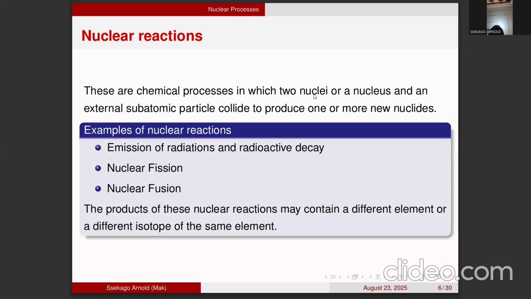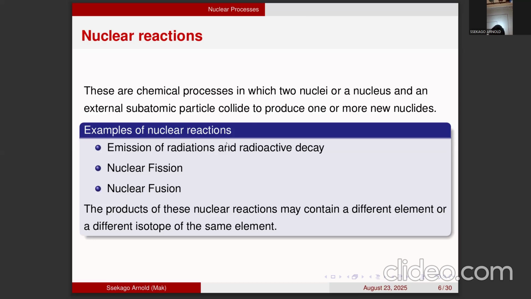So those are nuclear reactions. We shall explore those reactions where the nucleus of an atom splits, and also the case where we combine nuclei of smaller atoms to form the nucleus of a heavier atom.